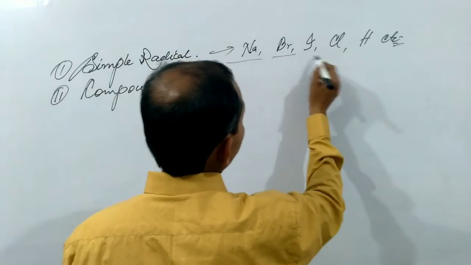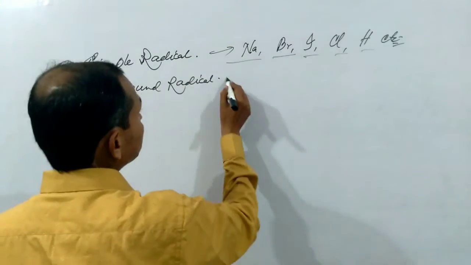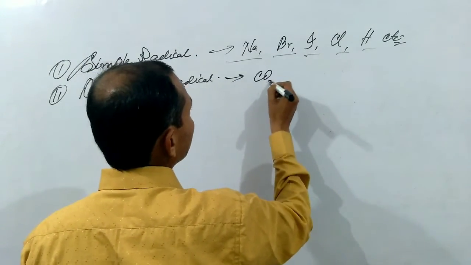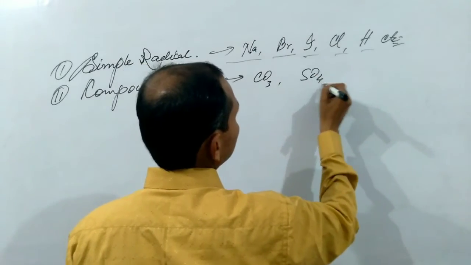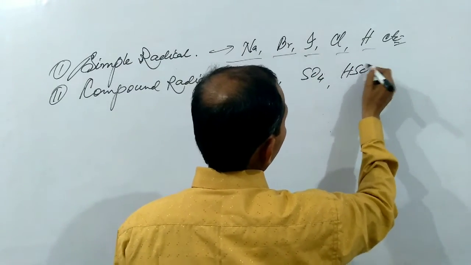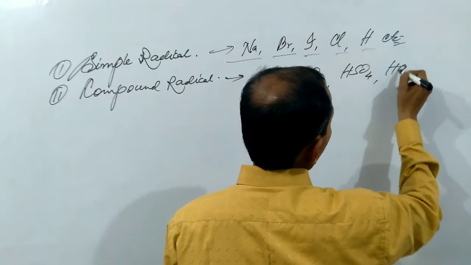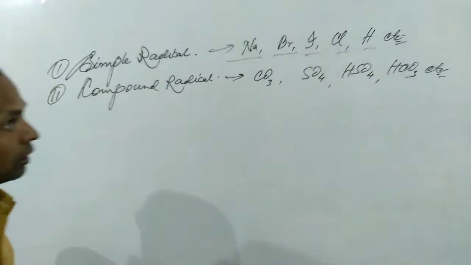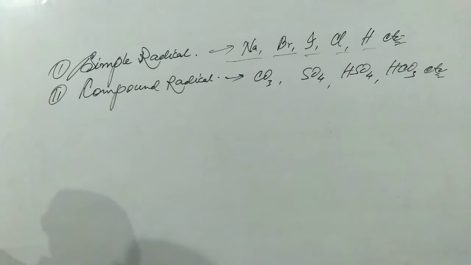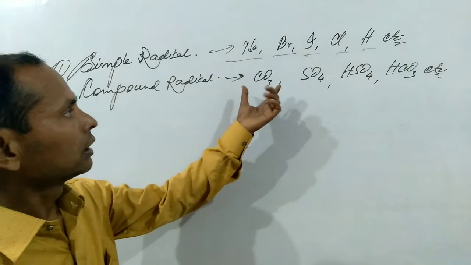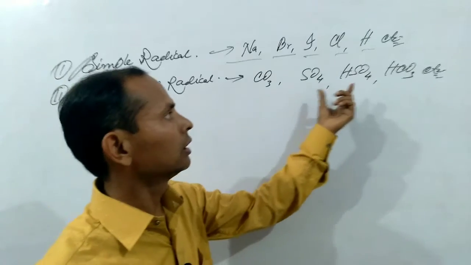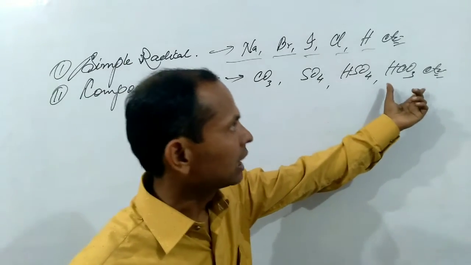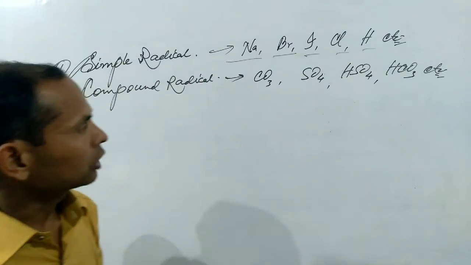These are the atoms. In case of compound radical, we have carbonate radical, sulfate radical, bisulfate radical, bicarbonate radical, etc. This is clear from the examples.